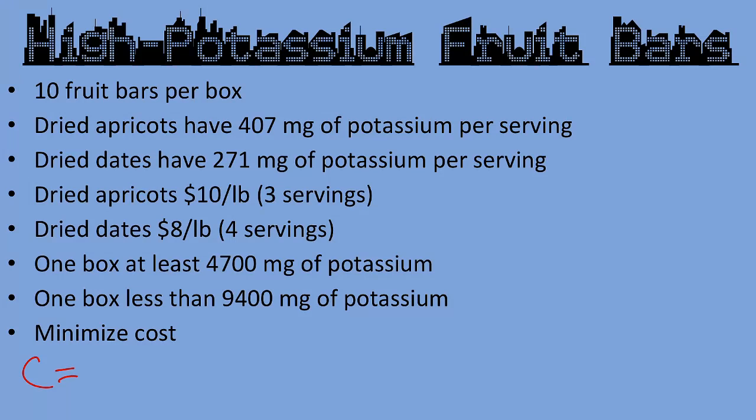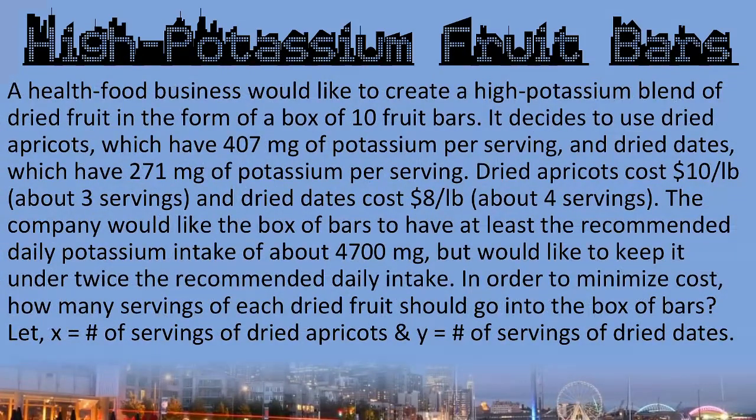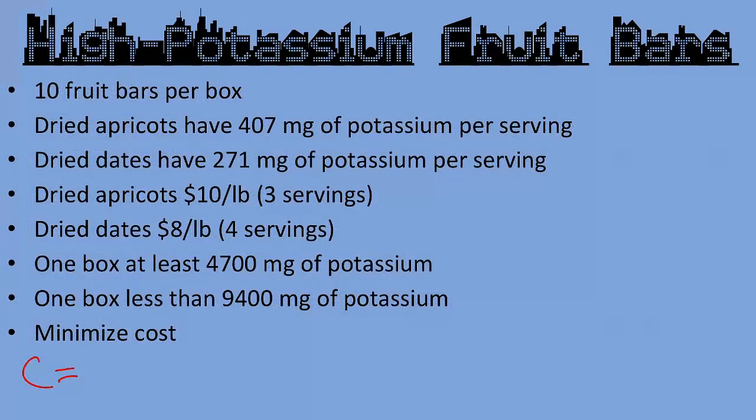So the costs equal, well, let's see, X was apricots. Apricots are $10 a pound, about 3 servings. So how much is it per serving?